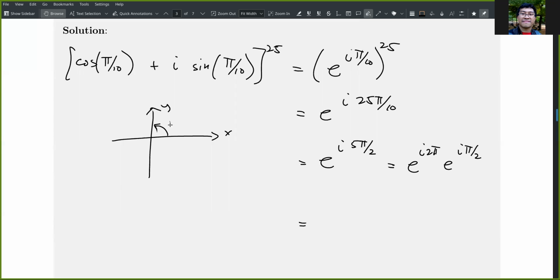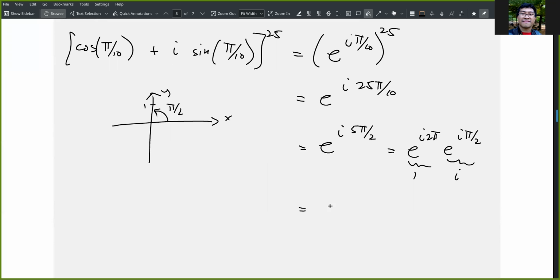That's your pi over 2, with a magnitude of 1, this term is simply i. This one is 1, so 1 times i is i.